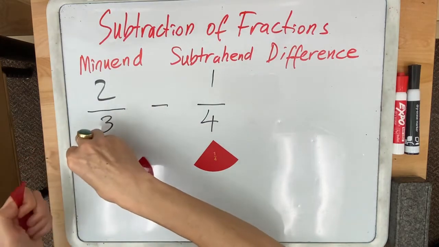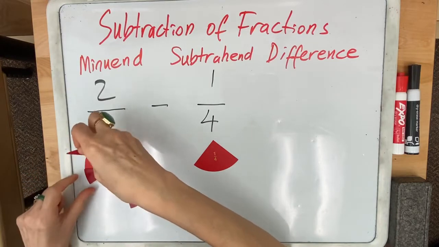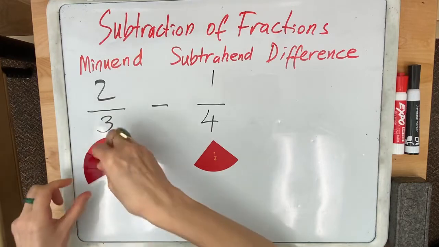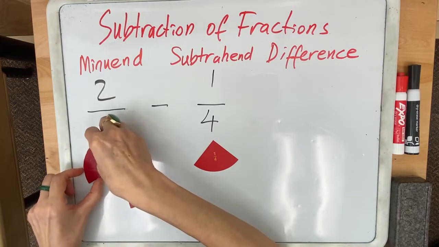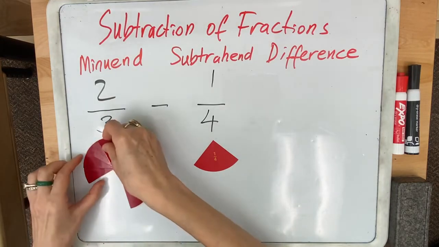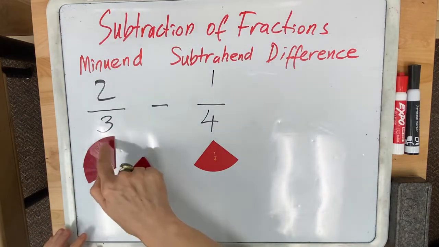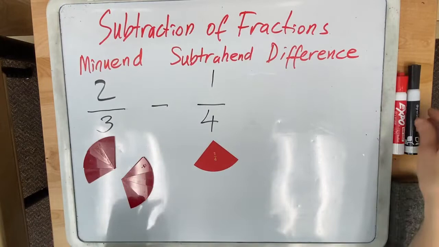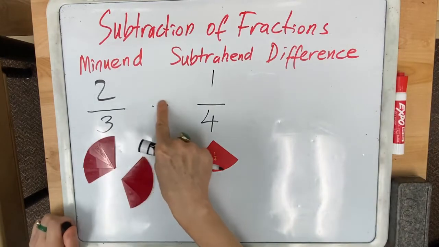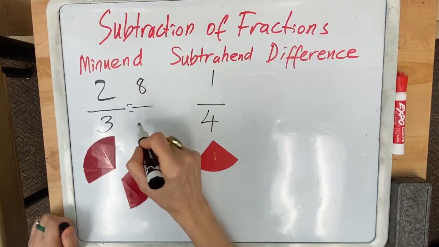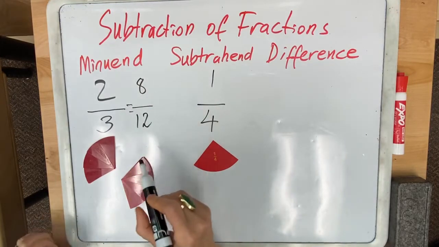I'm gonna cover this one the same way. Okay, there I have 1, 2, 3, 4, 5, 6, 7, 8 12ths. This is equal to 8 12ths.